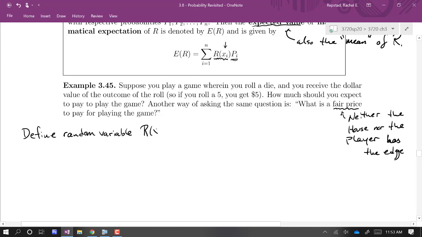We'll call it R of x, which is just the amount won on a roll. And if the outcome of that roll is x, then R of x is just x dollars.